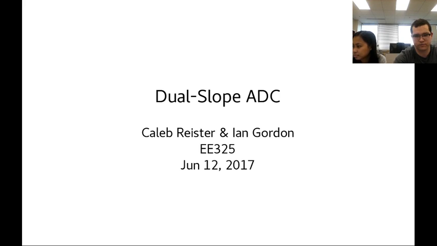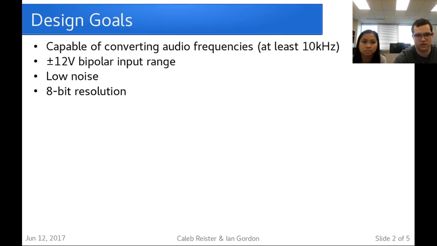Our design goals were to design an analog to digital converter capable of converting audio frequencies, at least 10 kilohertz, with a plus or minus 12 volt bipolar input range.